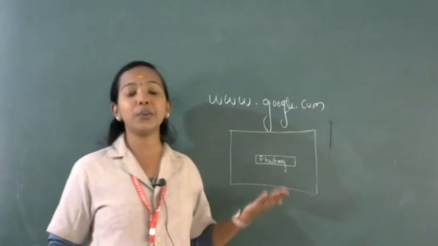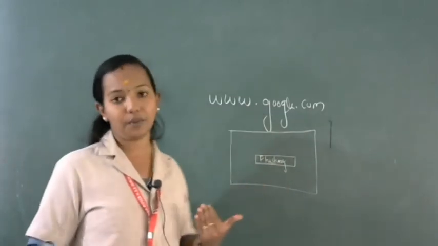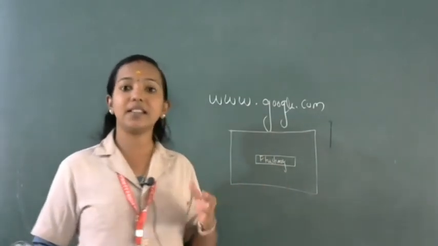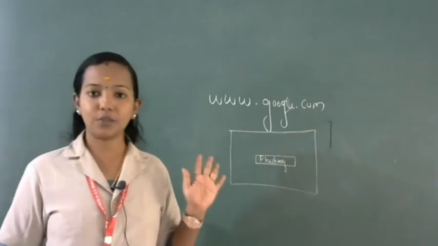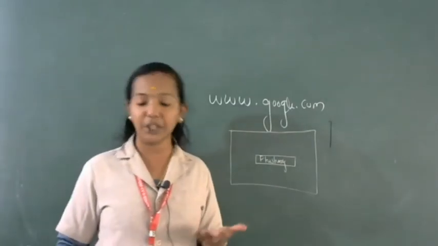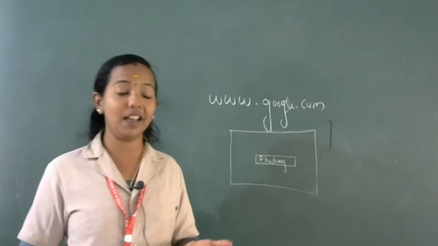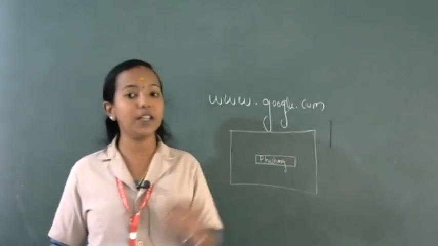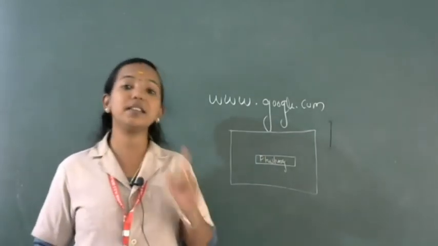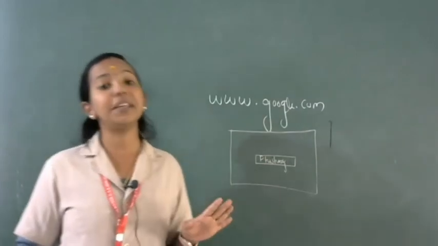So we can make use of any link for accessing information. Normally, the first link will be from Wikipedia. So normally when we are searching for any topic, especially your study material, when we click on the search button, you will get so many links. But the first link will be the Wikipedia link.